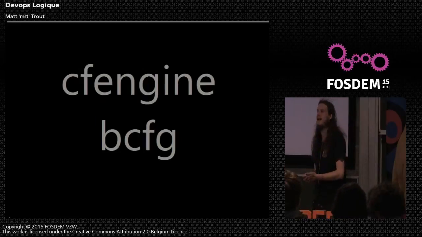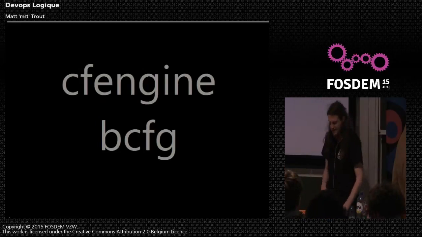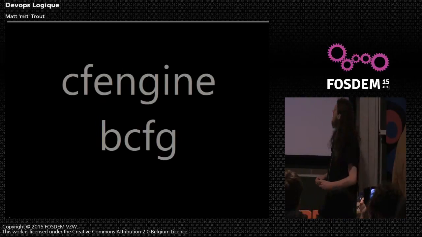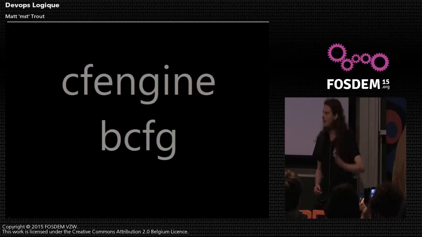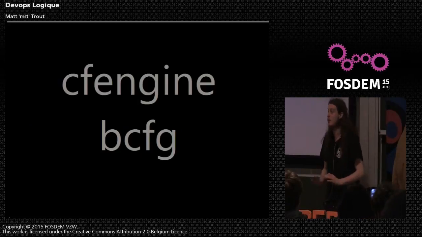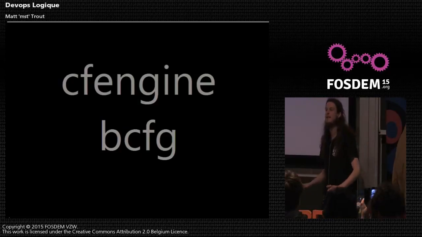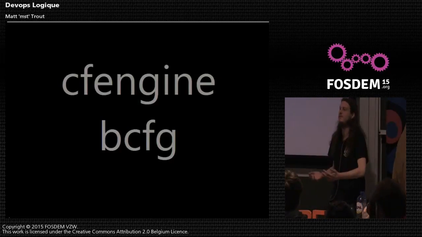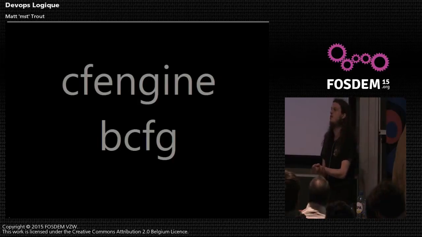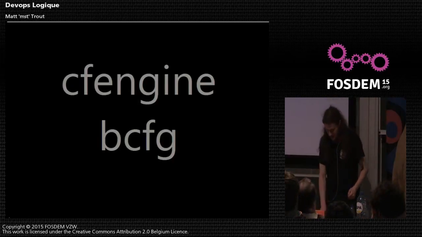Back when I first ran into this stuff, CFEngine and BCFG were basically what existed. I think it was BCFG2. I tried to avoid knowing about that part because it was brilliant but insane. I mean, this was the state of configuration management circa 2002.